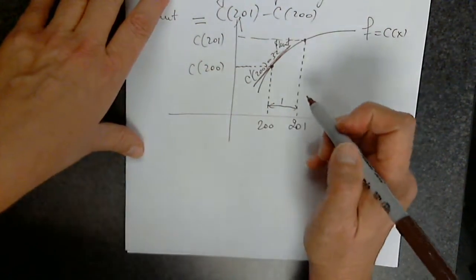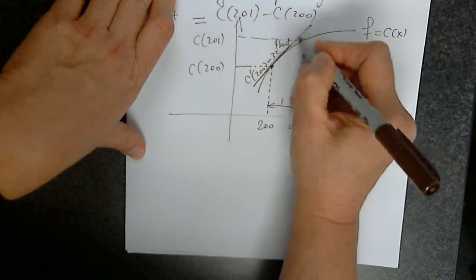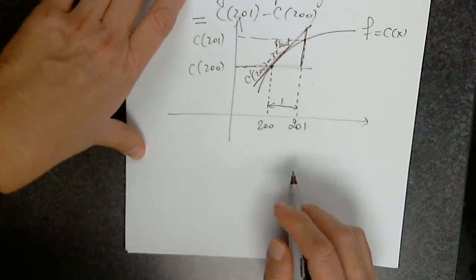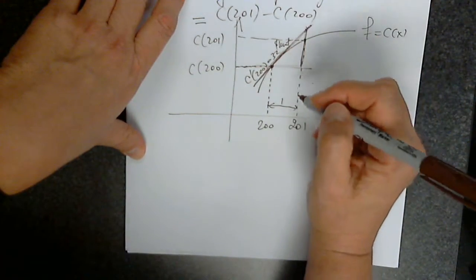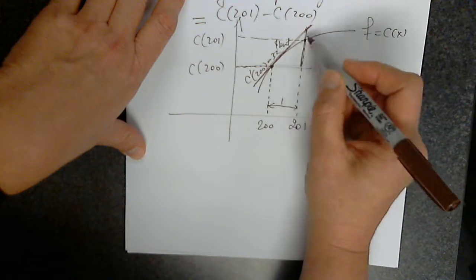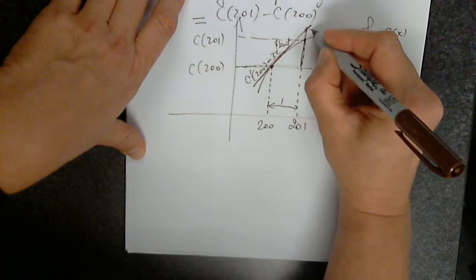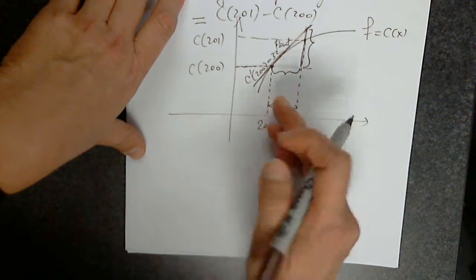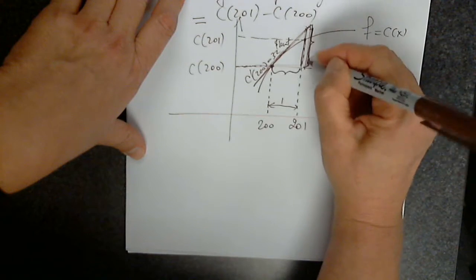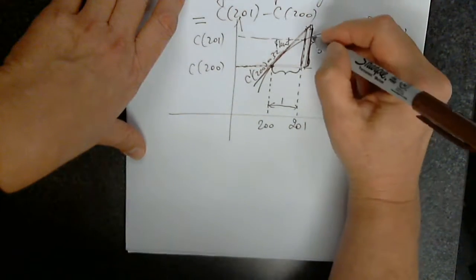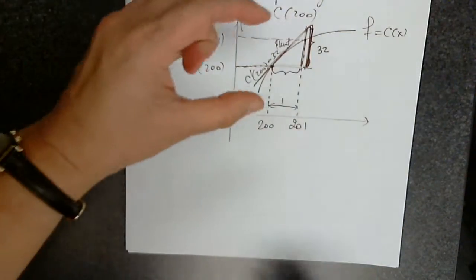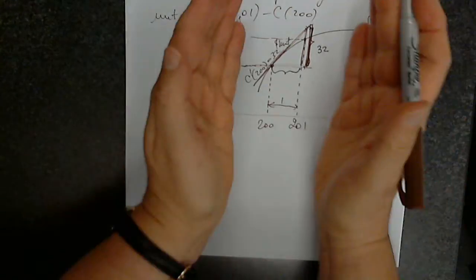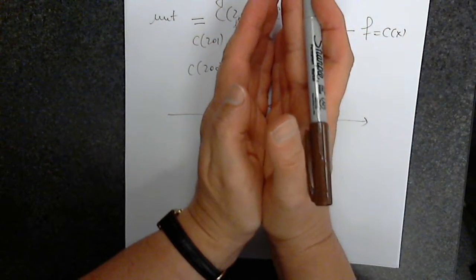Okay, so we are comparing basically this slope, the slope of this line, which is rise over run, but since the run is 1, this number here is 32. So I'm comparing 32, which is huge and large for me because I need to show you what I'm doing, but these are very, very close, right?